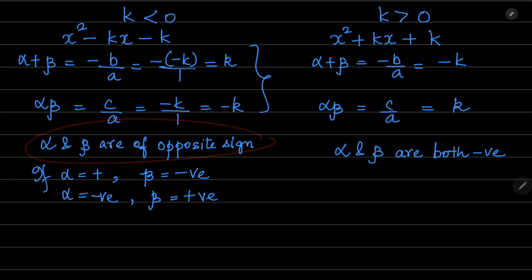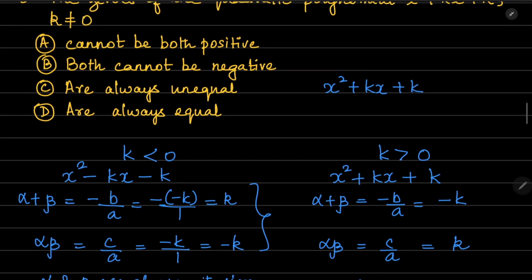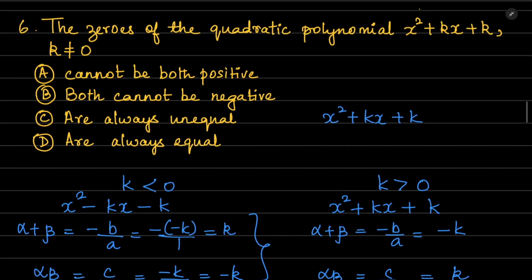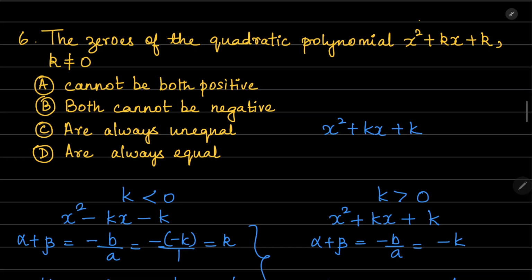Alpha and beta are of opposite sign in one of the scenarios, and then alpha and beta are both negative. So which of them is the possibility? So it means the zeros cannot be both positive. That's the correct answer. Either one will be positive and one negative in one scenario, or both will be negative. So the answer for this question is option A, right?